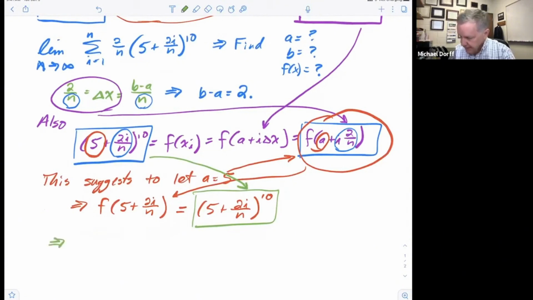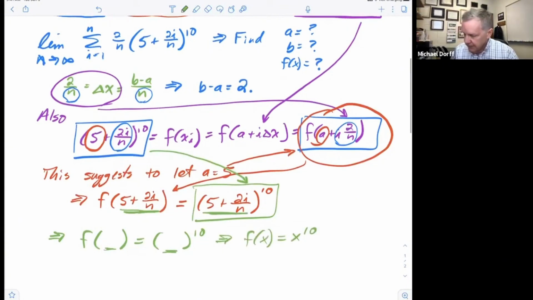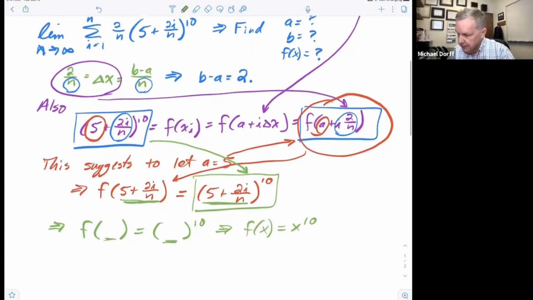So that's like saying f of some big parentheses is going to equal parentheses to the 10th, because whatever's inside here matches what's inside here, just like we have it up above. And that suggests to me that f of x is going to be x to the 10th. Whatever x is, I put it to the 10th power and it works.